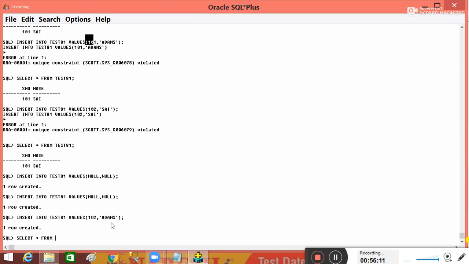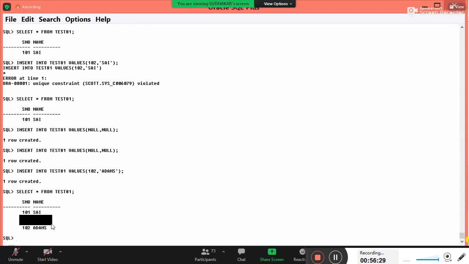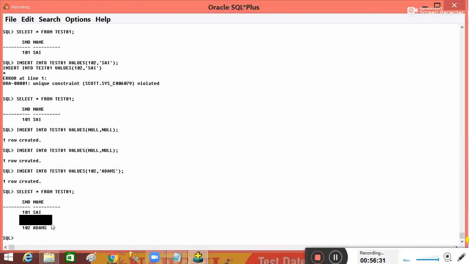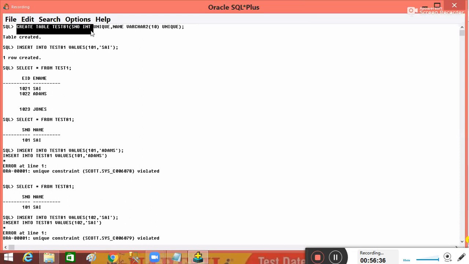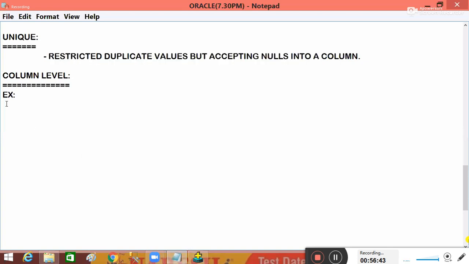Let's look at the table test 81: 101 Sai, 102 Adams. This is called unique values, unique data. Duplicates are not there, but nulls are allowed. So this is one example of column level unique constraints, how to apply at column level. Do you understand the column level example now?